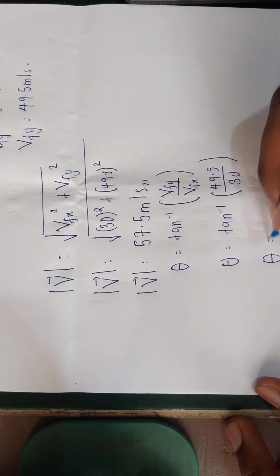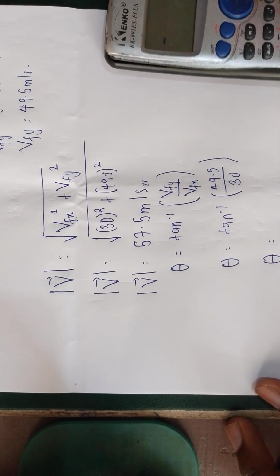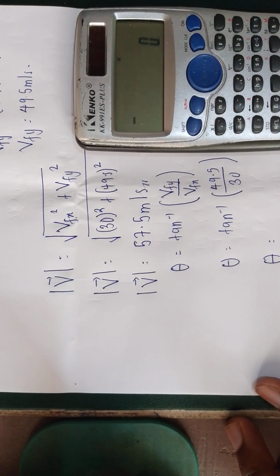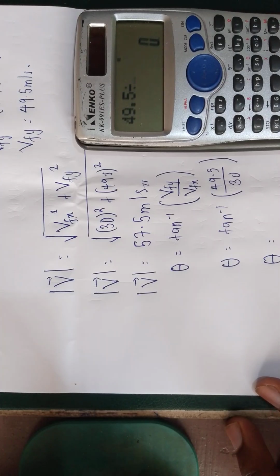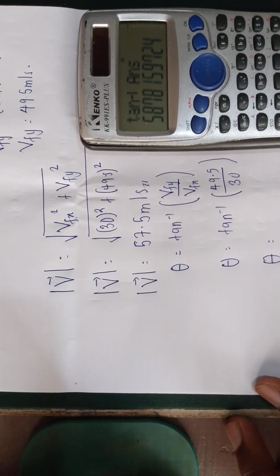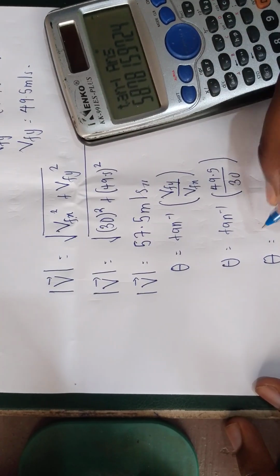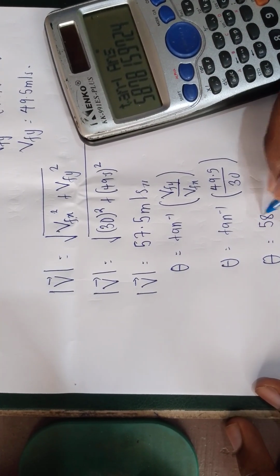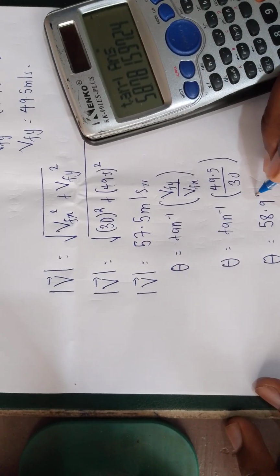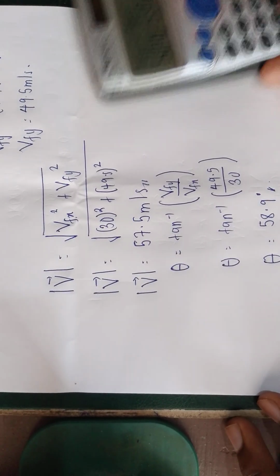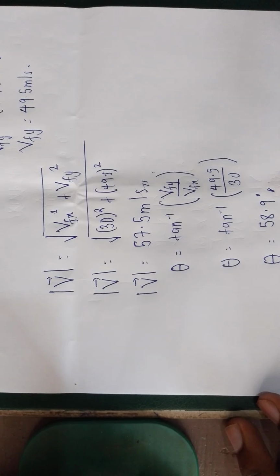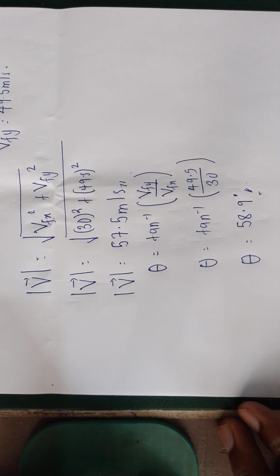So meaning your theta is going to be equals to, you can punch 49.5 divided by 30, then tan inverse, we are getting 58.9 degrees. So meaning this is the magnitude and this is the direction.